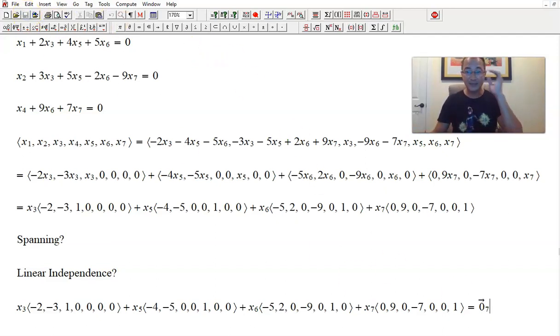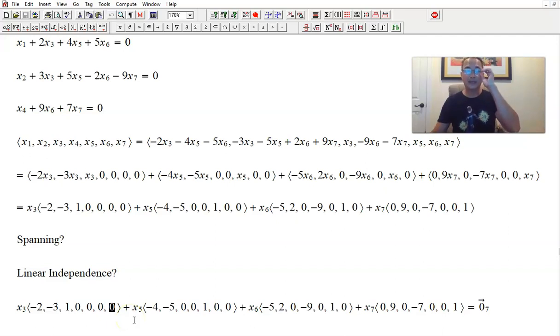Now, there's a very sneaky way to solve this system of equations, and that's because we have all of these beautiful zeros and 1s. We will actually start from the very last component, the 7th component. For x7, that's a 1. But look, everyone else is 0 for the 7th component.